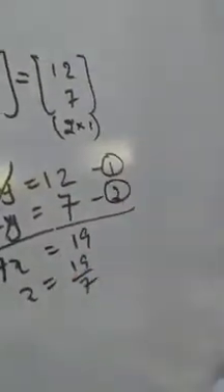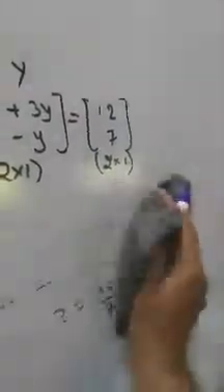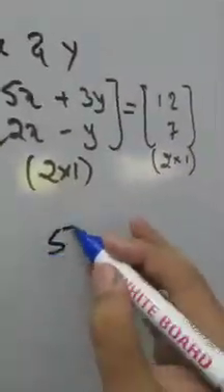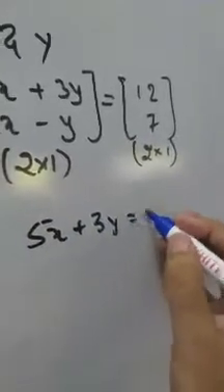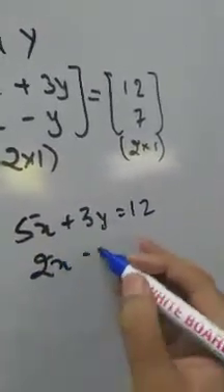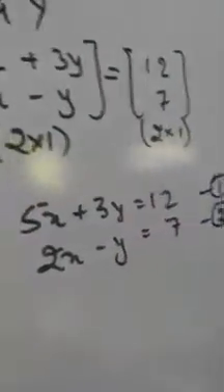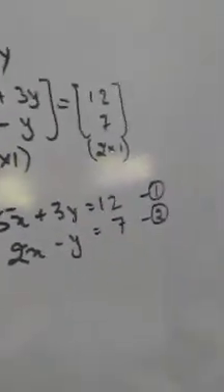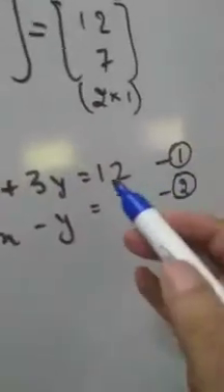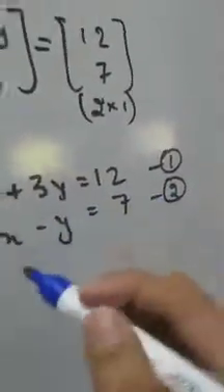Sorry, it is 5x plus 3y is equal to 12 and 2x minus y is equal to 7. So this is equation 1, this is equation 2. So now you have to solve it by simultaneous equation method.